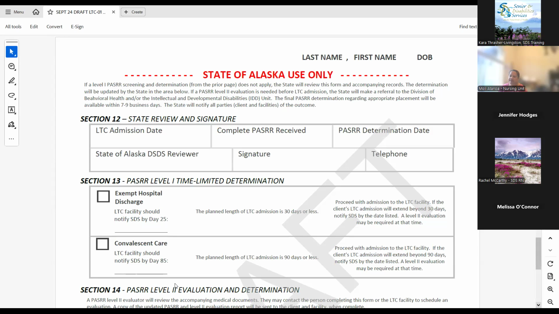Section 4 is the actual PASRR level 2 evaluation, and section 14, PASRR level 2 evaluation and determination section. So we will make the request for a level 2 evaluation to either DBH or IDD, and monitor and track that for a final evaluation and determination for specialized services. So that's our form.